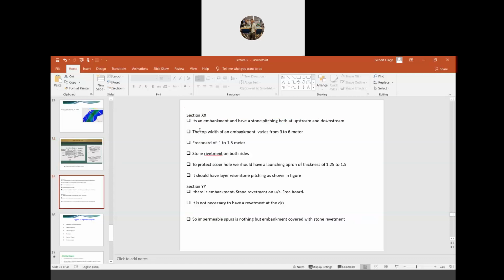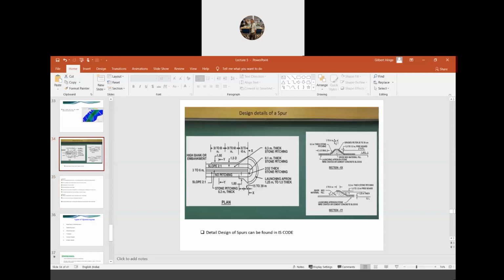And then what else does it say? It says that the top width of this embankment should vary between 3 to 6 meters. This is the top width, right? Because you have to raise the spurs like this. So at this particular section, the top width is around 3 to 6 meters.